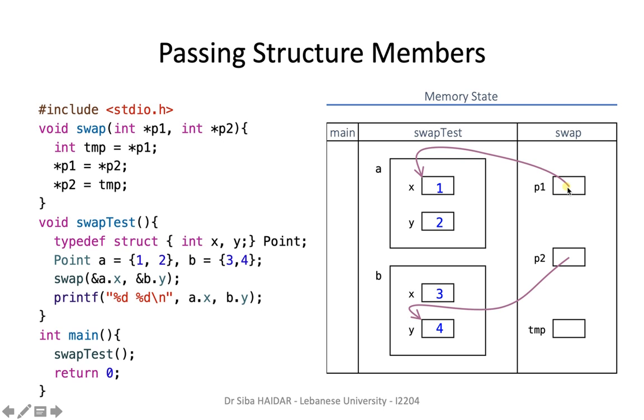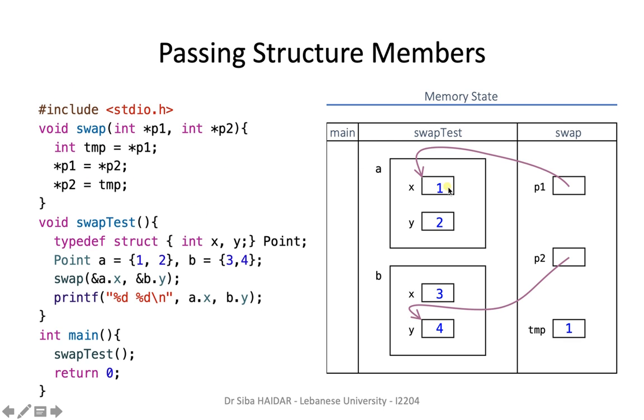Notice here, this is very important, the arrow that exits from p1 does not come to the address of the variable a, it points to the beginning of the field x that is inside the variable a. So I pass the address of a.x and not the address of a. And the same thing here, int star p2 equals the address of b.y. And then the swap works normally, as we all know.